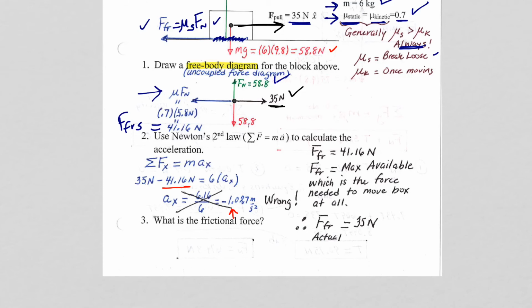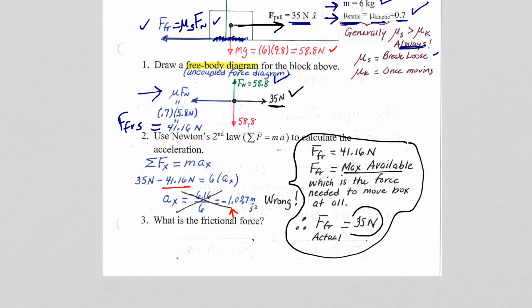What you have in this problem is what I have circled over here, so please make sure you get all of these annotations in your notes. The frictional force is the maximum available, which is the force you need to move the box, and therefore the actual frictional force in this problem is 35 newtons because we know the box isn't moving.